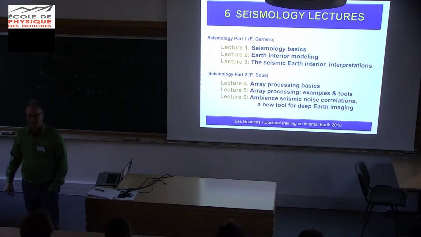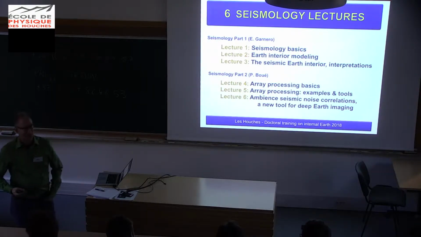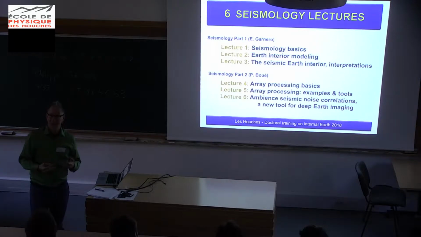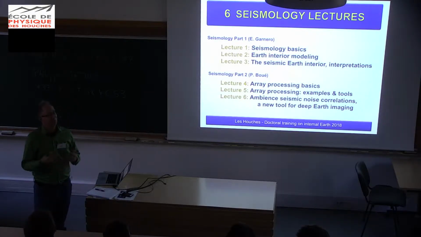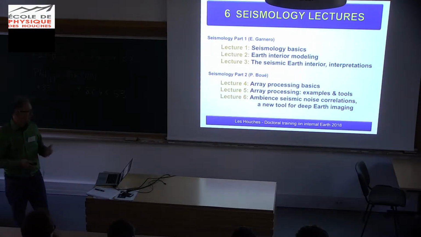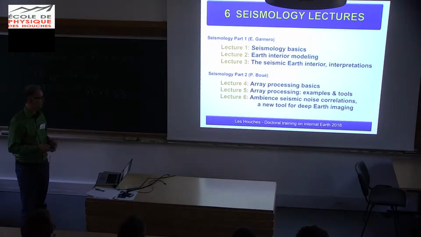And in my 3rd lecture, I will talk about some interpretations. This is one of my messages: we do some things with data, and we get a model, and then this model has uncertainties, and then we make some interpretations. Sometimes these interpretations are very poorly constrained, and sometimes they're constrained okay.